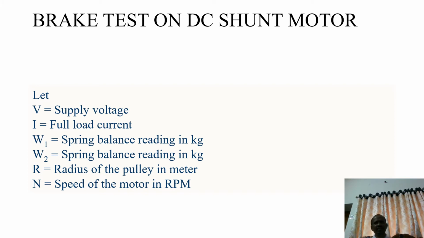By applying the load, you can note the readings: load current, field current, speed, and spring balances W1 and W2. Then you can calculate torque, output, and input power. These give the performance of the DC shunt motor when conducting a brake test.